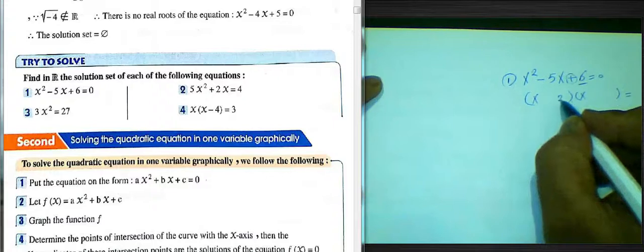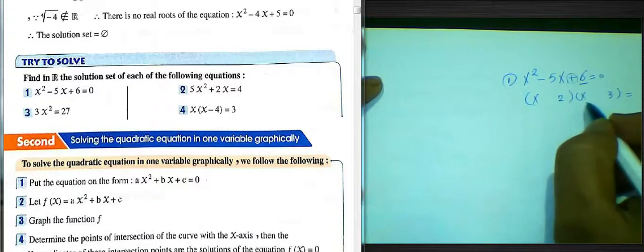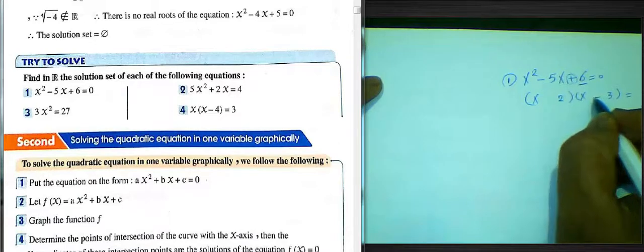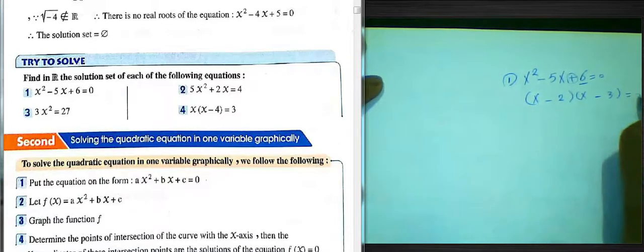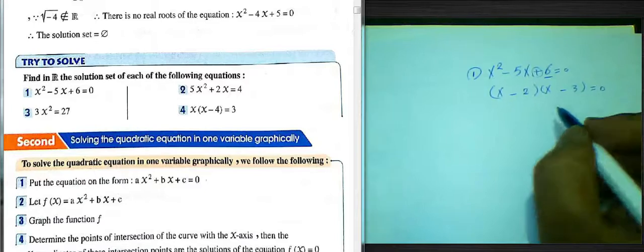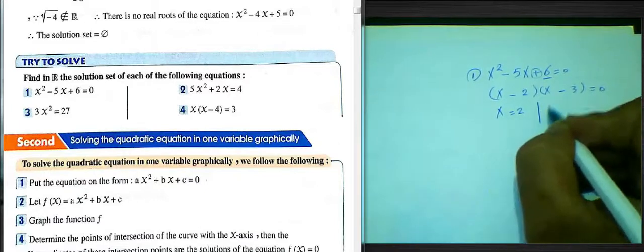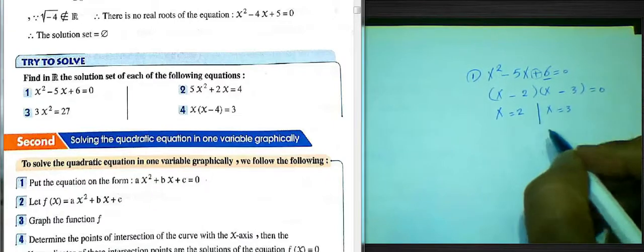It will be 2 times 3, because 2 times 3 equals 6, and 2 plus 3 equals 5. The signs are negative and negative, and then we write 0 here, so x will be 2 and x will be 3.